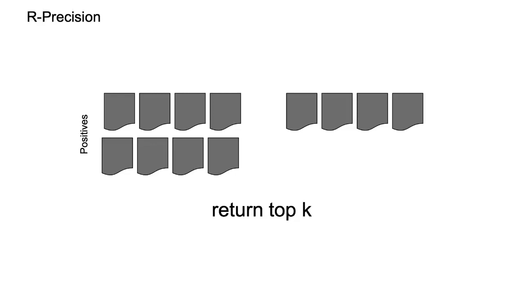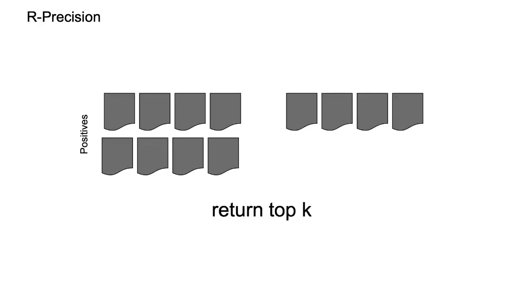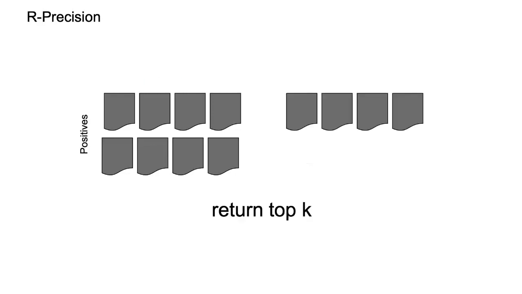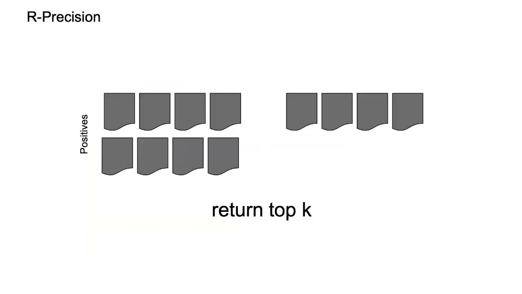Who sees that if you do this, you have K relevant documents, you return the top K? Who sees that in that case, the precision and the recall are identical? I'm giving you a few seconds to see it. Who sees that these are the same, precision and recall? Raise your hands once you see it. Okay. It's exactly the same number, 4 over 4.